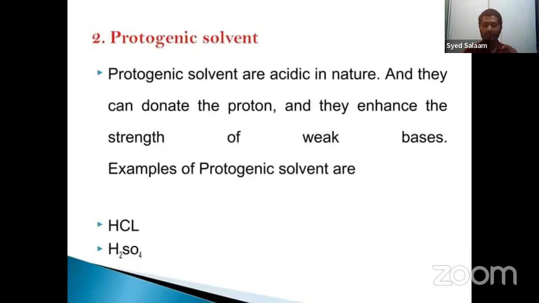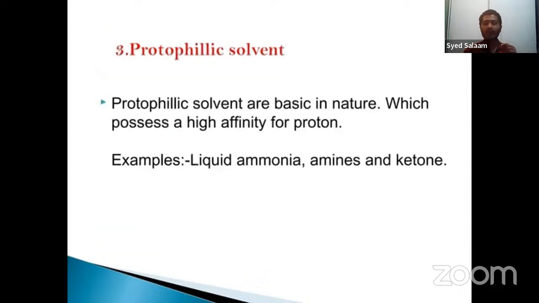Likewise, we have protogenic solvents, which are acidic in nature, can donate protons, and enhance the strength of weak bases. Examples are HCl and H2SO4. Protophilic solvents are basic in nature, have a high affinity for protons, and show the leveling effect for acids.